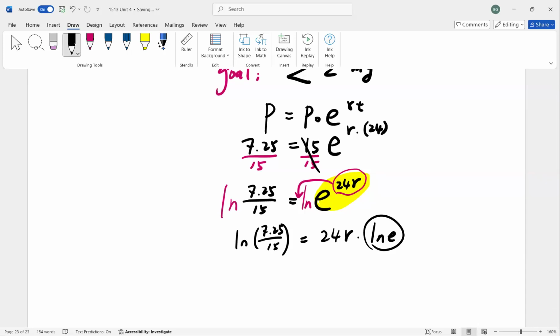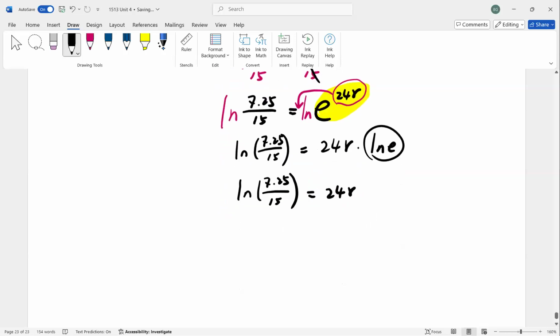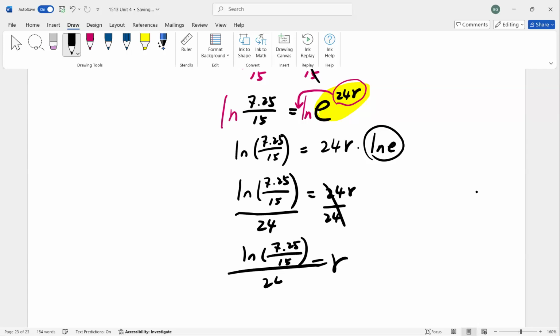So we have ln of 7.25 over 15 equals 24r. We want to know the value of r, right? So divide each side by 24. And we have r equals ln of 7.25 over 15, and then divide by 24. That is the rate. 7.25 over 15 is less than 1.